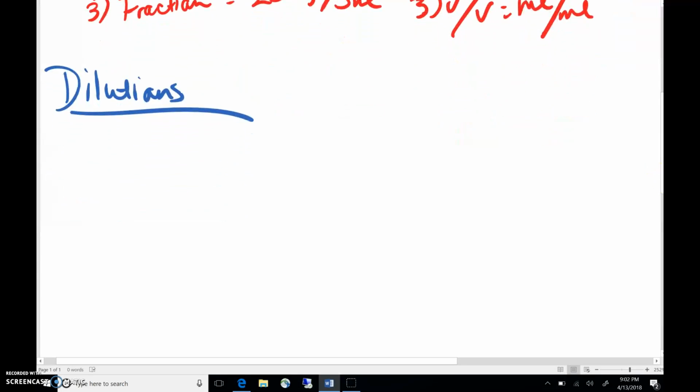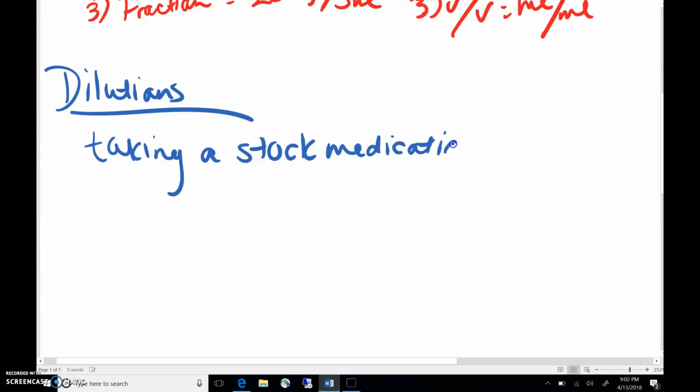And when it comes to dilutions, it is basically taking a stock medication, in parentheses, I'm going to put highest concentration. All right.